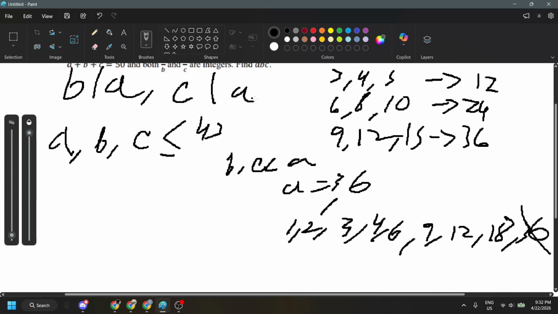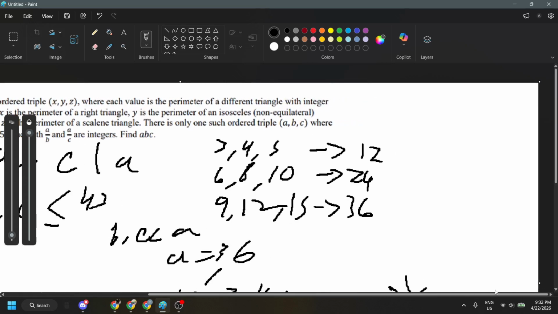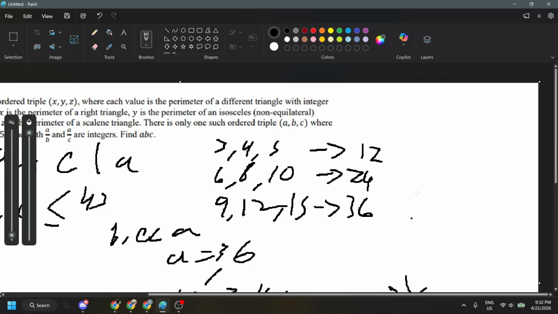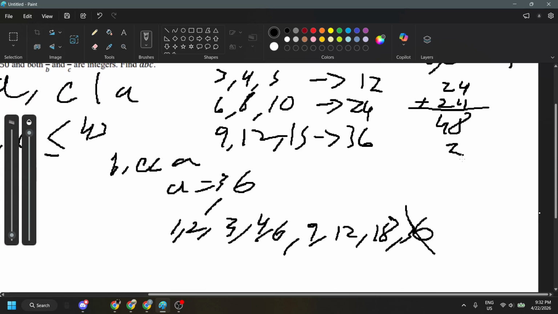Maybe it could be 24 of a different triangle with integer side lengths. I guess 24 could work. A is equal to 24, then either B or C has to equal 24. 24 plus 24 is 48, then we could just have 2. So A is equal to 24, B is equal to 24, C is equal to 2.